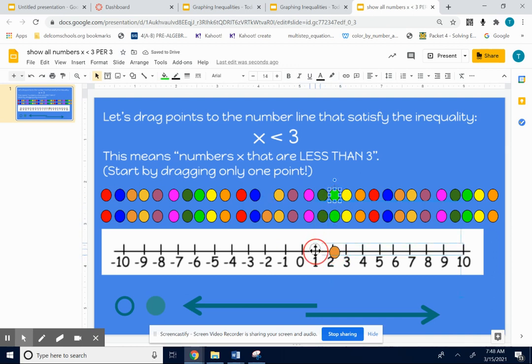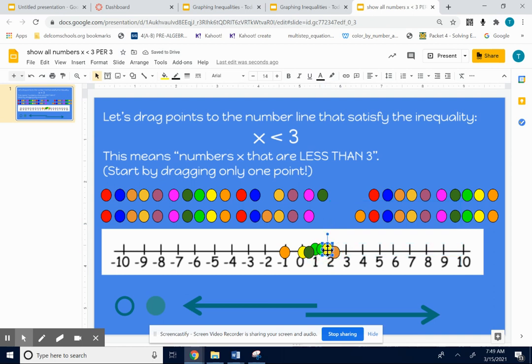See, 1 is less than 3, 2 is less than 3, 0 is less than 3. There are lots and lots of points that are less than 3, even fractions in between, like 1/2 or 1/4 or 2/3, whatever the numbers are that are less than 3.